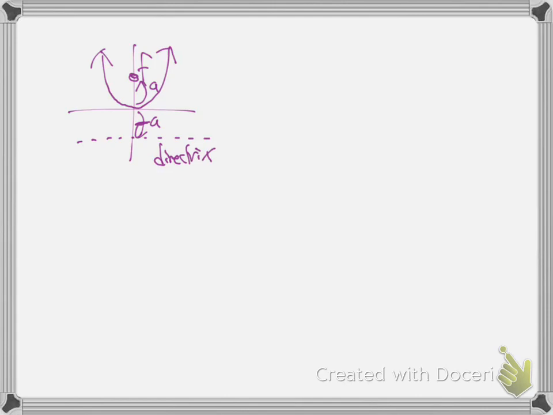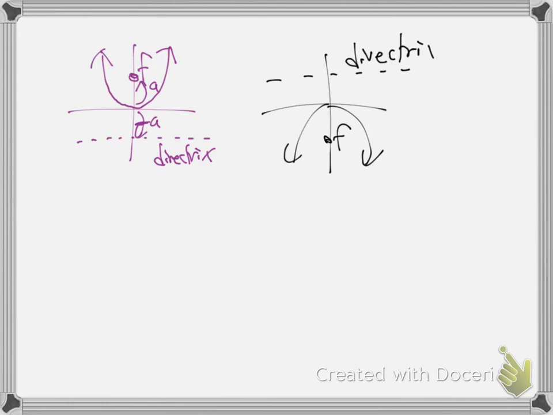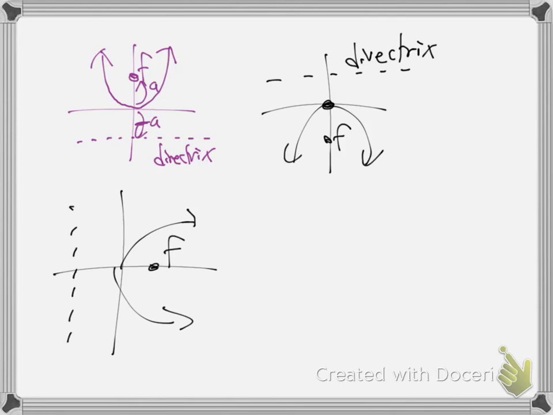So if the shape goes down, then the focus point will be down, and the directrix line will be back here. Same distance. The center of the parabola, the vertex, is always right in the middle of the focus and the directrix. They are the same distance away on each side. If the parabola goes to the right, the focus will be inside, and the directrix will be behind.